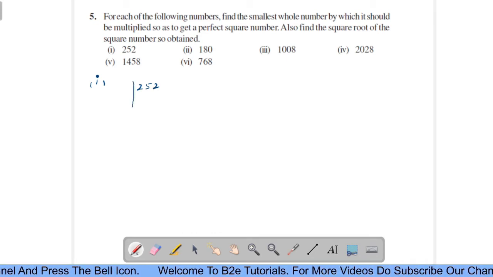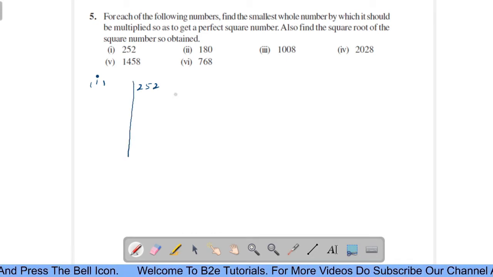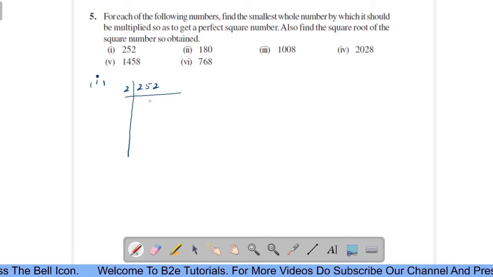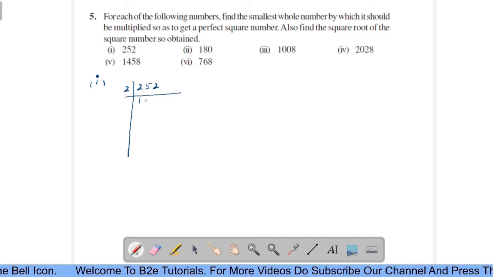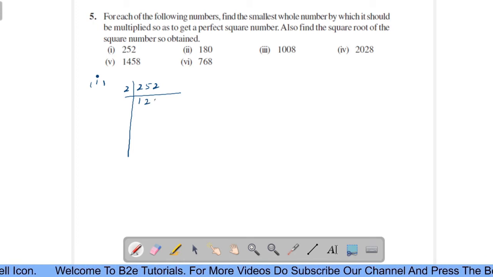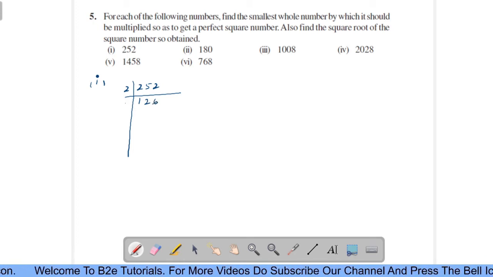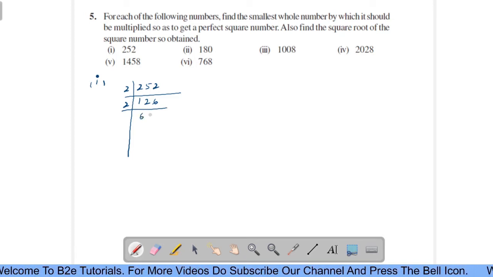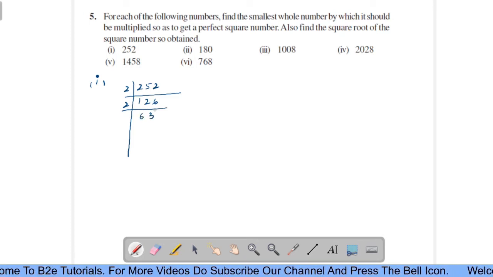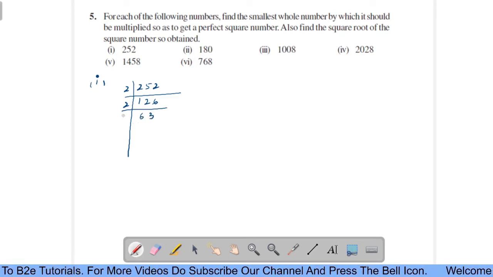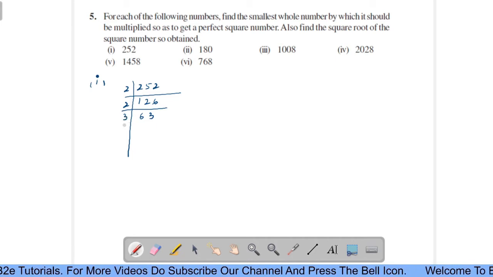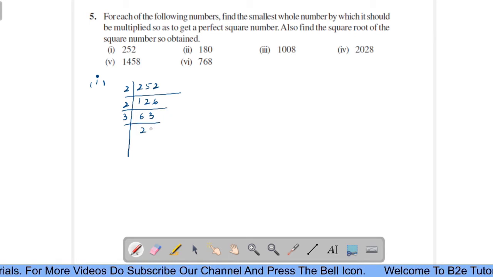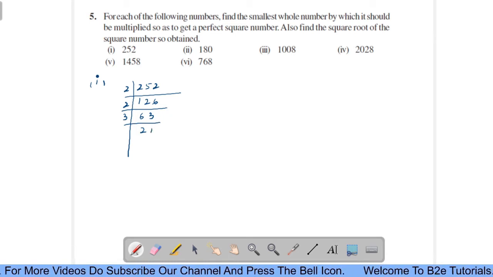Here find out prime factors of 252. Divided by 2, I will get 2 1 ja 2, 2 2 ja 4, 2 6 ja 12. Again by 2, 2 3 ja 6. Now by 3, 3 2 ja 6 and 3 1 ja 3.